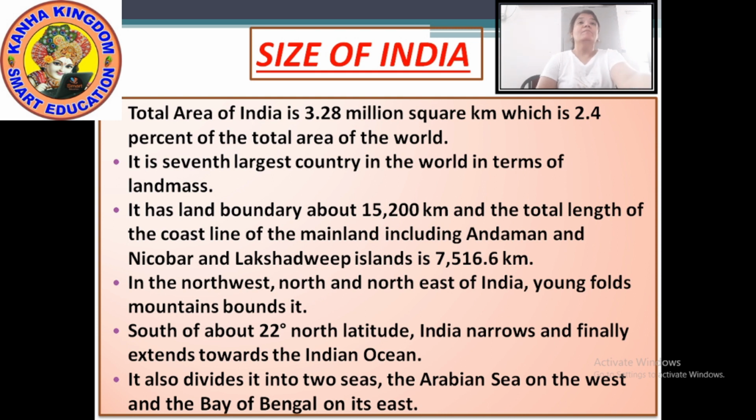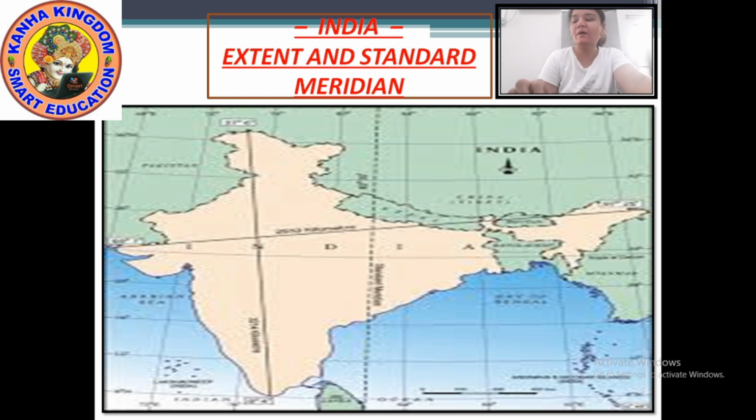Let us see the extent and standard meridian of India. By this you will easily understand. Now here you are looking at a picture, and note that the latitudinal and longitudinal extent of the mainland is about 30 degrees.